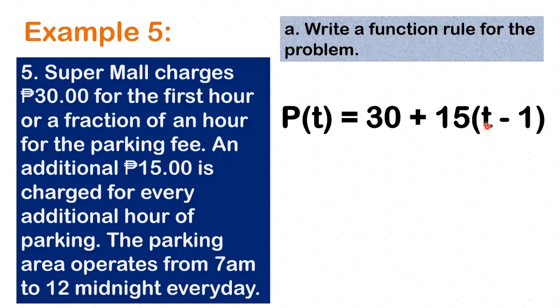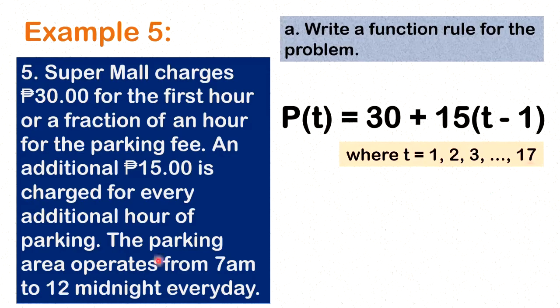Okay, kunyari 2 hours, edi 2 minus 1. Kunyari, 3 hours ka nag-park. So, 3 minus 1. So, 2 hours yung excess mo sa 1 hour. Ano yung T? T is the number of hours. And T can take the values 1 to 17. Bakit hanggang 17 lang?